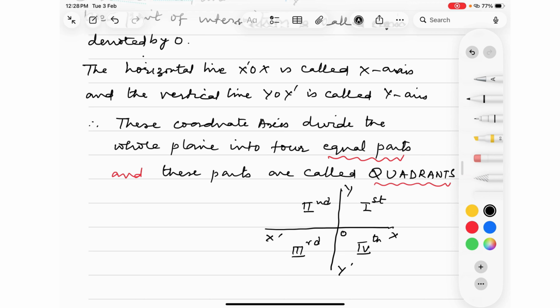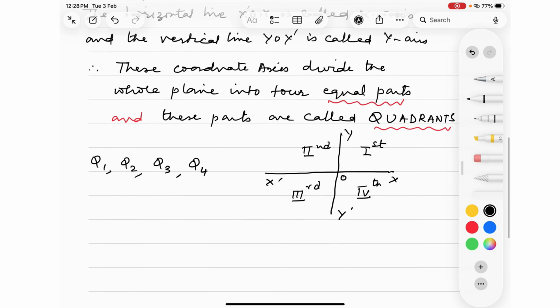They are generally denoted by Q1, Q2, Q3, Q4. So the whole plane is divided into 4 quadrants.